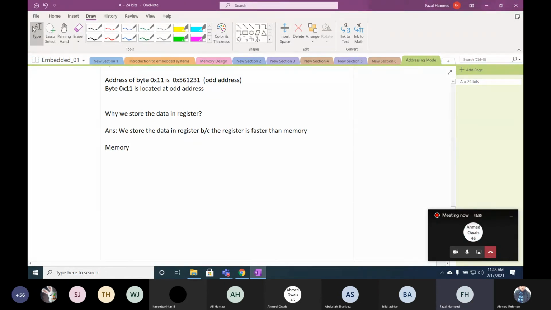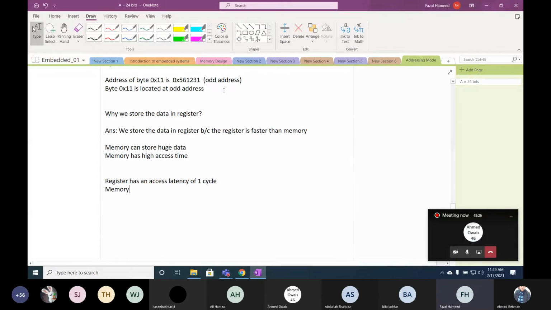Memory can store huge data. But memory has high access time. तो इस तरह से कर सकते हैं. Let's assume that register has an access latency of 1 to 5 cycles.